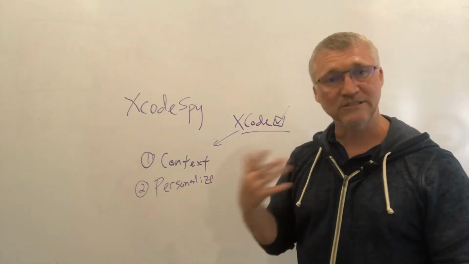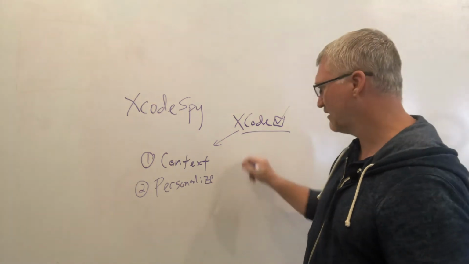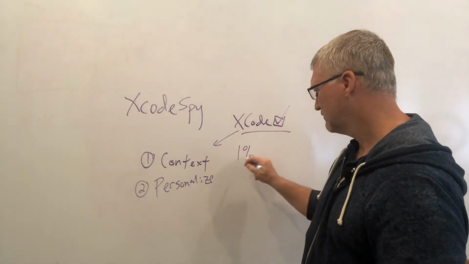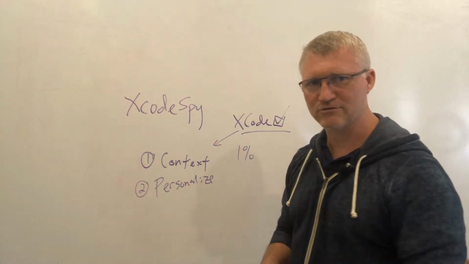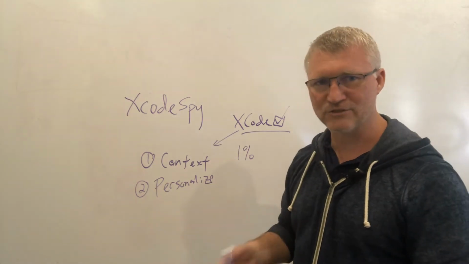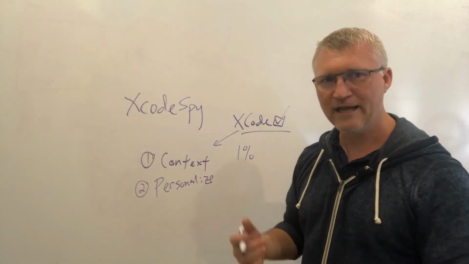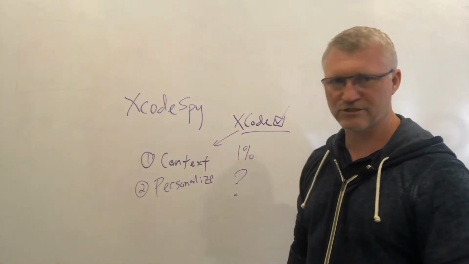In fact, statistics I was able to find for 2020 showed that less than 1% of all the Mac users that they were able to poll have Xcode installed. And they polled tens of thousands of Mac users and asked, do you have Xcode installed? And the majority of them responded with this: what's Xcode?